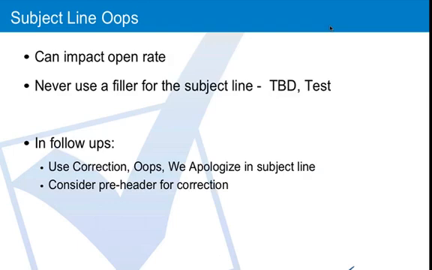You're just trying to correct something from the past. Also, you might want to consider using your pre-header area as part of the correction or in conjunction with your subject line as well. And I have an example of this too for you to take a look at.